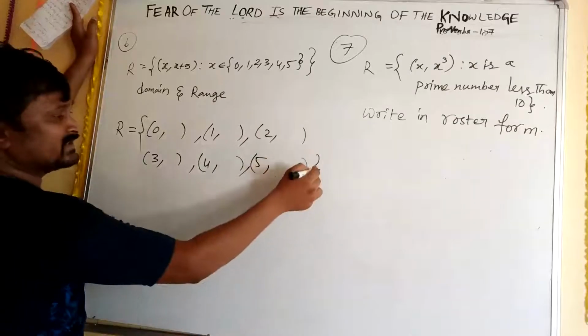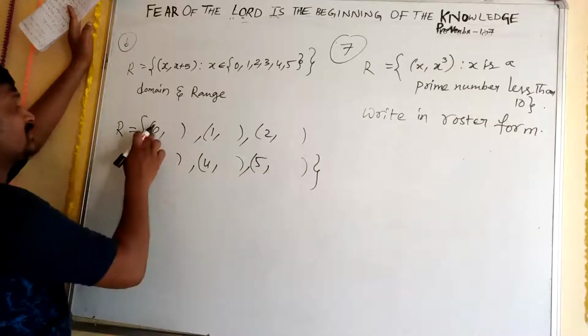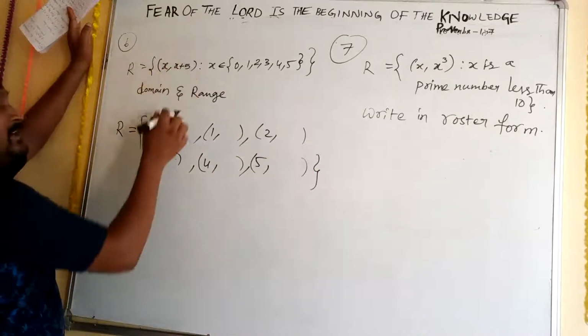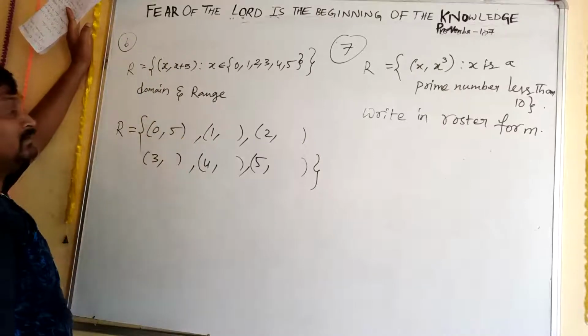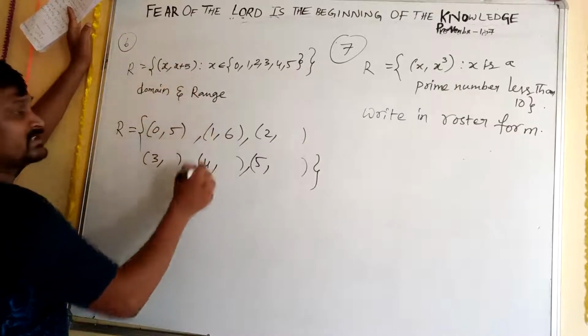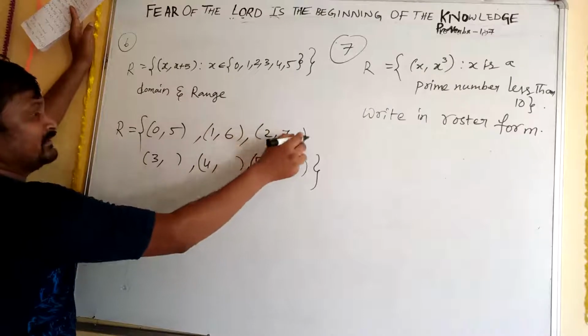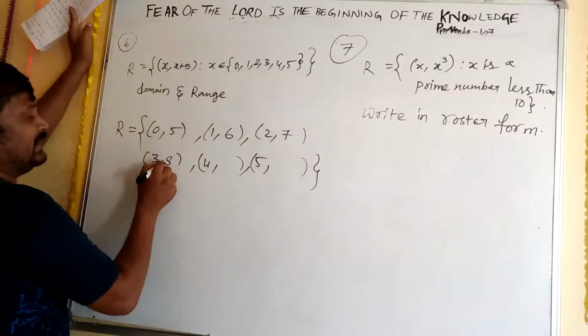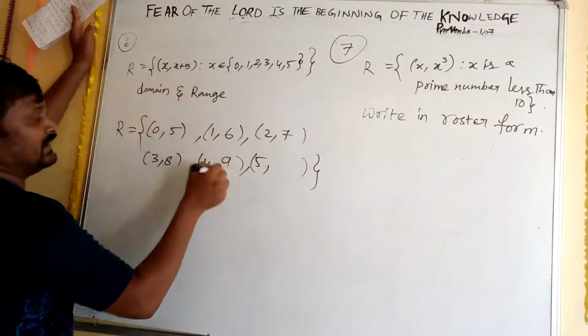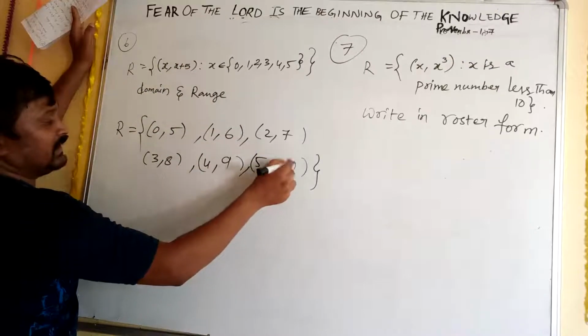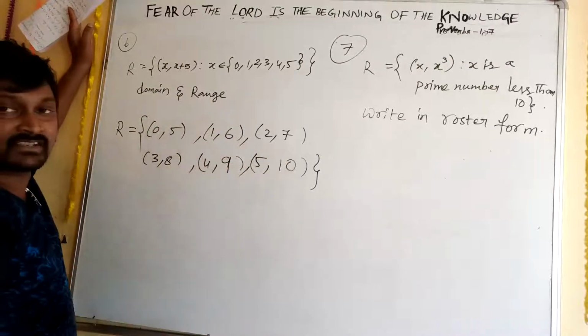Okay? So this answer will complete. Now check here 0 plus 5, that is nothing but 5. 1 plus 5, 6. 2 plus 5, 7. 3 plus 5, 8. 4 plus 5, 9. 5 plus 5, 10. You got all answers?